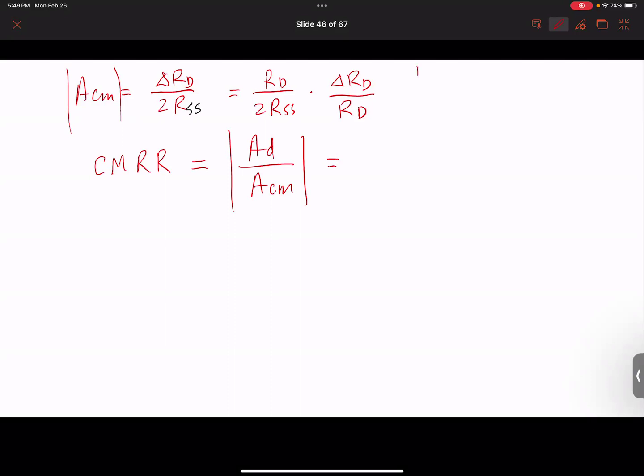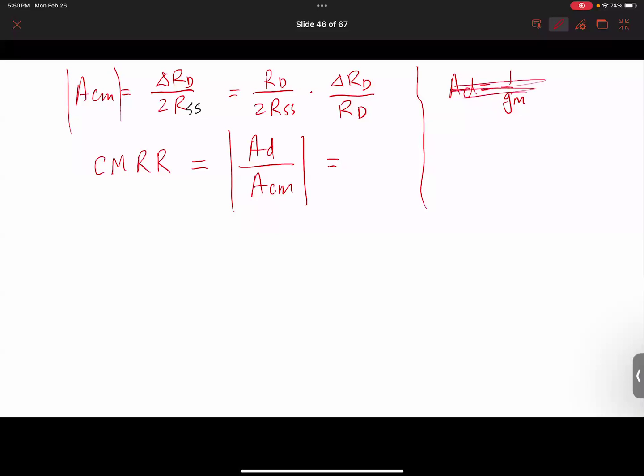Do we remember the differential gain? Very good. I think it is GM times RSS. Hold on, GM.